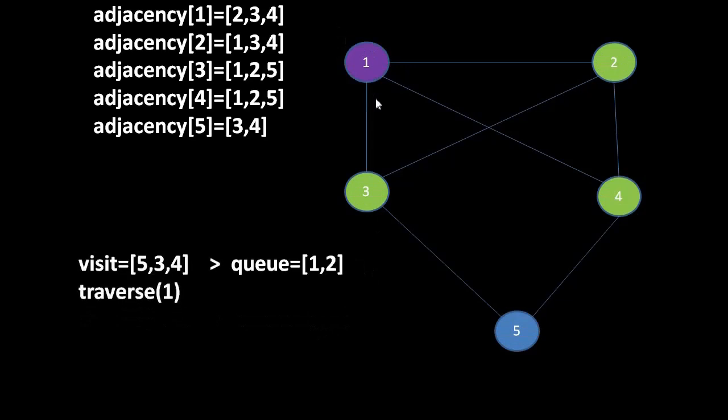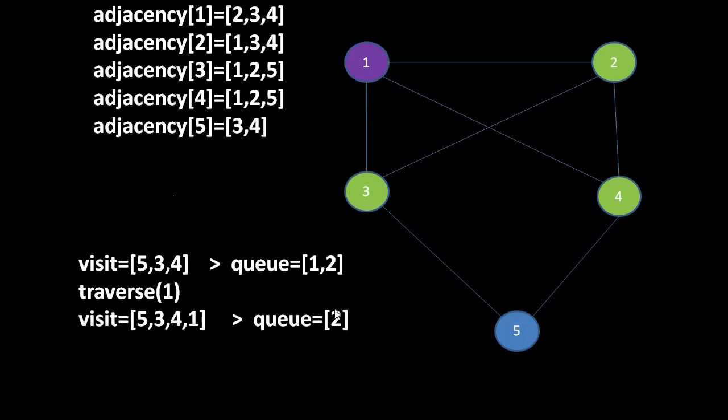Now 1 is connected to 2, 3 and 4, but all the vertices are either in the visit or in the queue, so we will not push anything into the queue, but we will push 1 into visit.